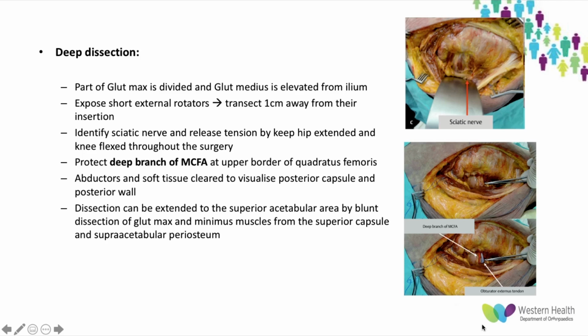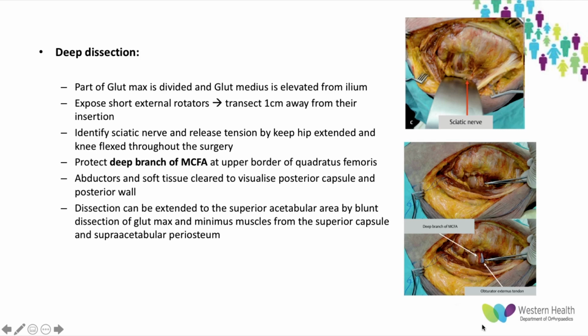You also need to identify the sciatic nerve and release tension by keeping the hip extended and knee flexed throughout the operation. It is also crucial to protect the deep branch of the medial circumflex femoral artery at your upper border of the quadratus femoris because this is the main supply to the femoral head. Disruption of this branch can lead to osteonecrosis of the femoral head.